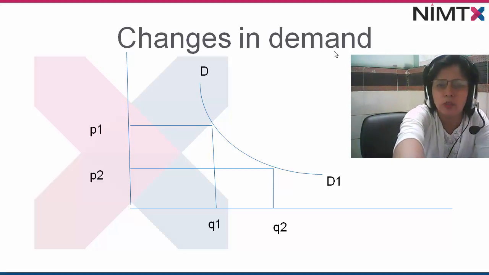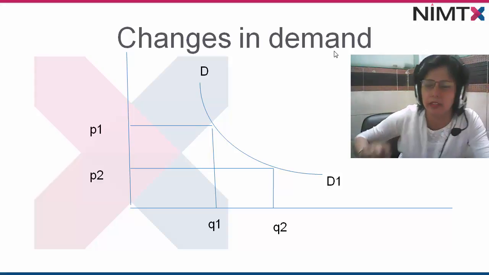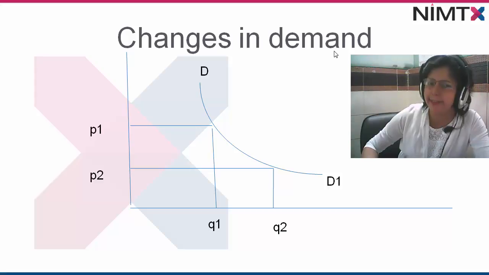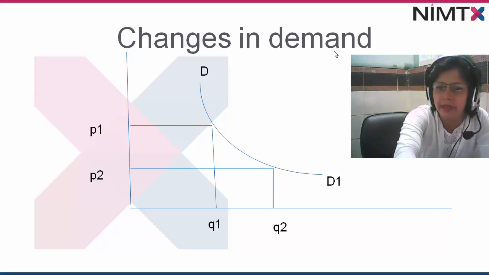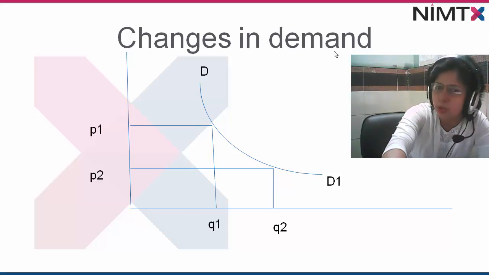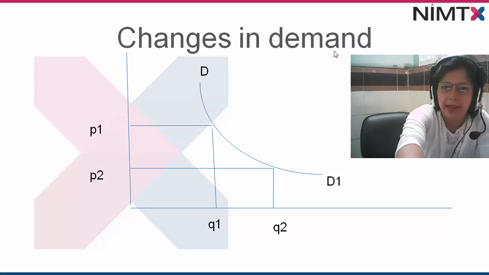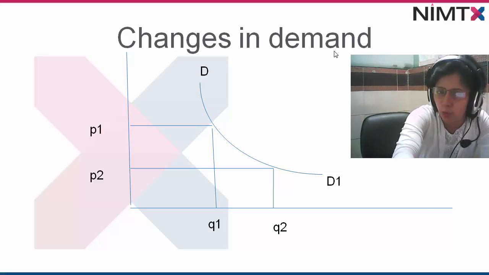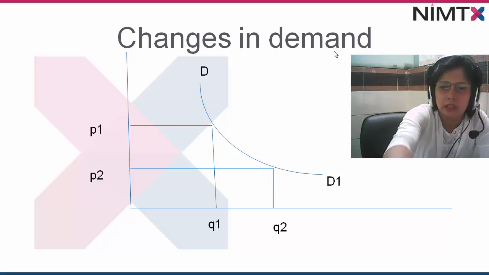Because it reflects the inverse relationship between price and quantity demanded. Here we have two prices P1, P2, and two quantities Q1 and Q2. When we have P1, we have quantity Q1, and at P2 we have quantity Q2, and the curve goes in a downward slope.